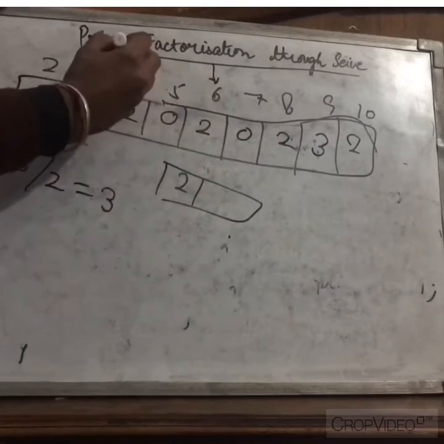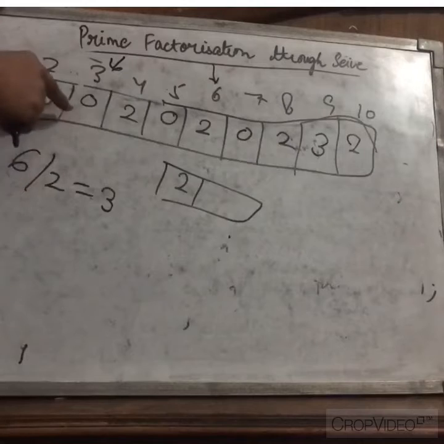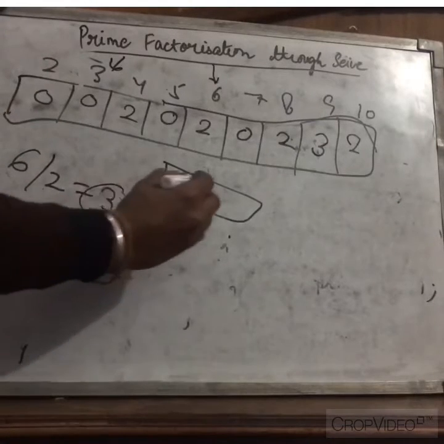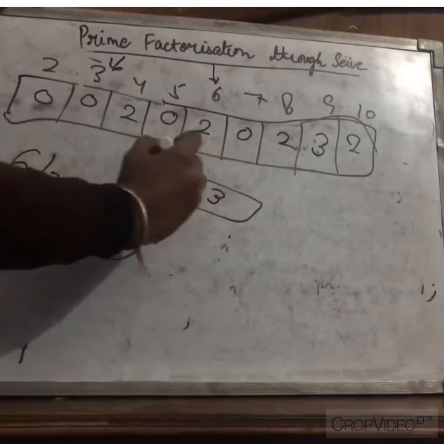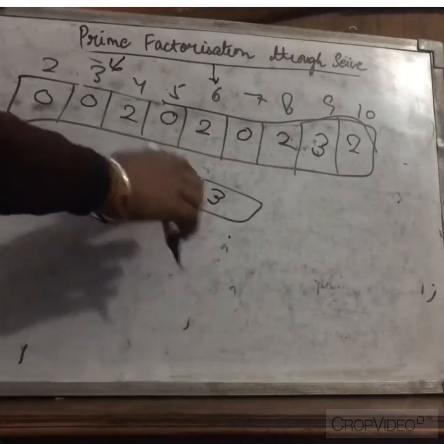Now I jump to 3. The value stored is 0, and 0 means that 3 is a prime number. So I will also push it in the array and break out of the loop, and my final answer is correct. All the prime factors of 6 are 2 and 3.